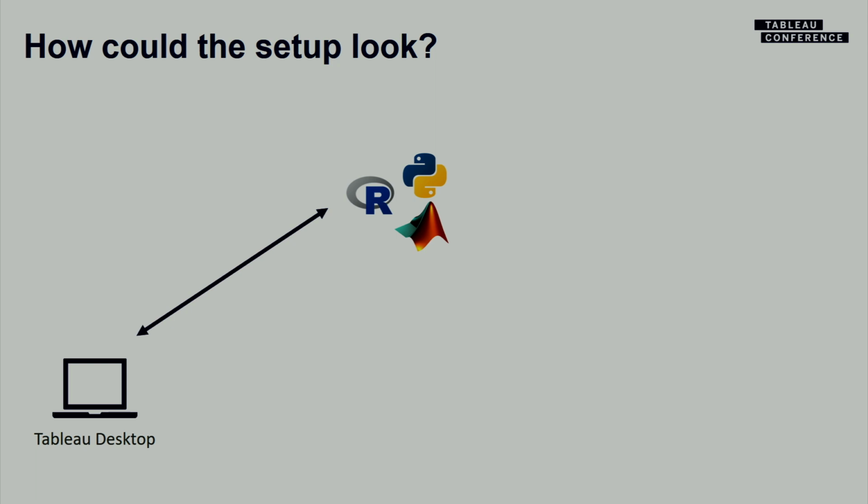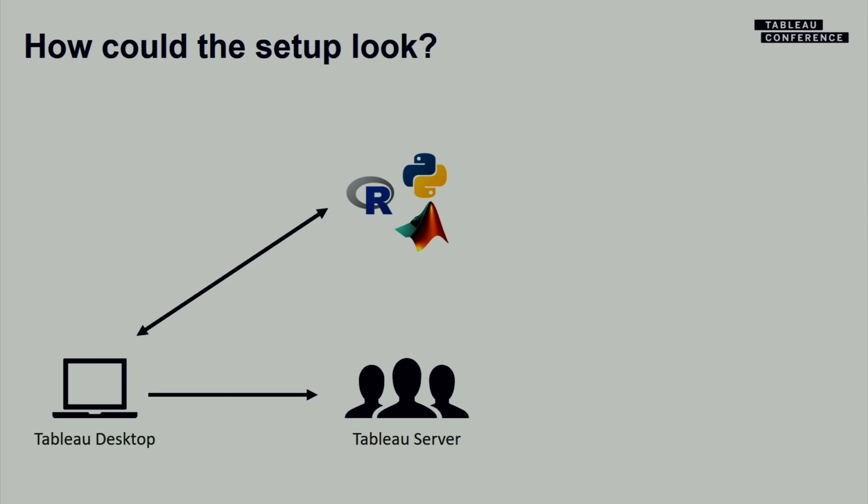At a certain point, you, of course, come to the point where you want to start sharing this. And that's, of course, where Tableau Server comes in. But in that moment of you publishing the content from Tableau Desktop to Tableau Server, you need to, of course, make that external services environment also available to Tableau Server.